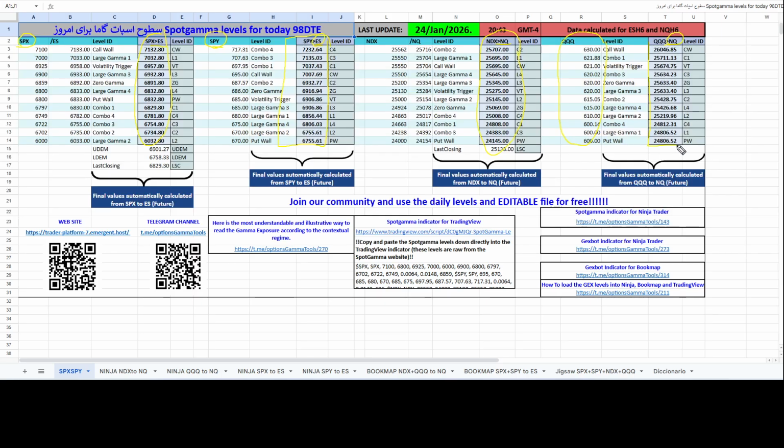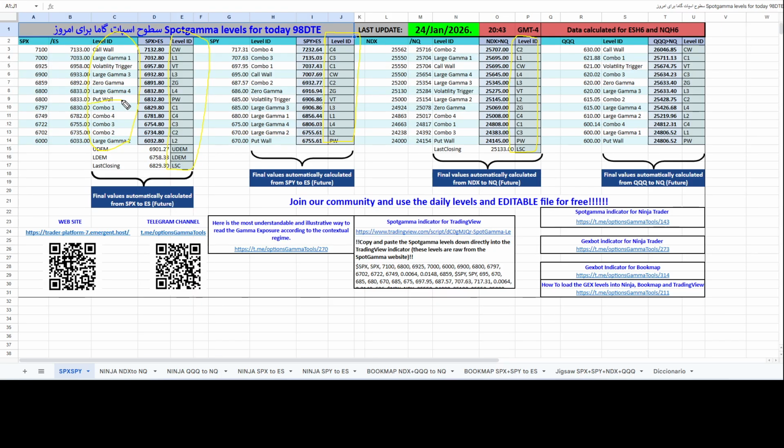All these numbers are the calculation. As you can see here, the level ID is only a summary of the main levels.